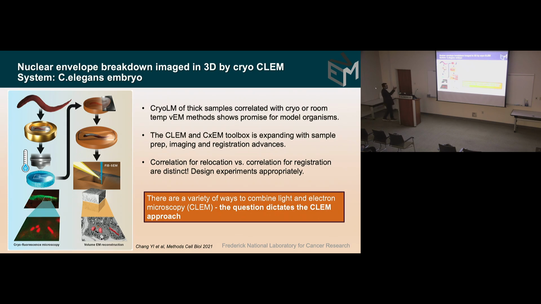Because if you want to do correlation for relocation, you need to know exactly what your LM and your EM point to. That's the only way you can overlay them. But if you're going for discovery, then you need to have fiducials to overlay them computationally and accurately, and then you can find out what your unknown feature is.